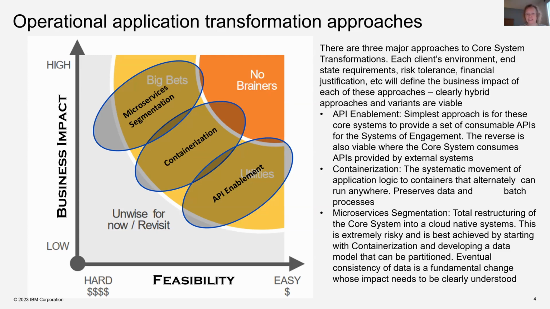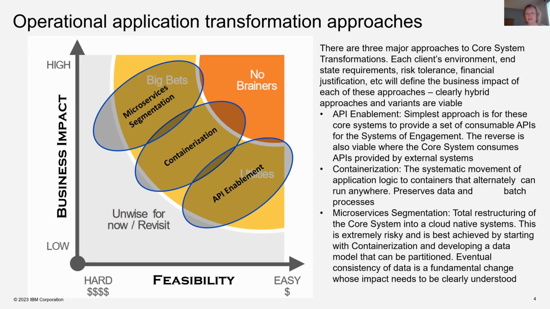The next approach is containerization. That is also very popular. We see how the adoption rate of the Z container extension on z/OS, as well as running containers on Linux on Z as well.